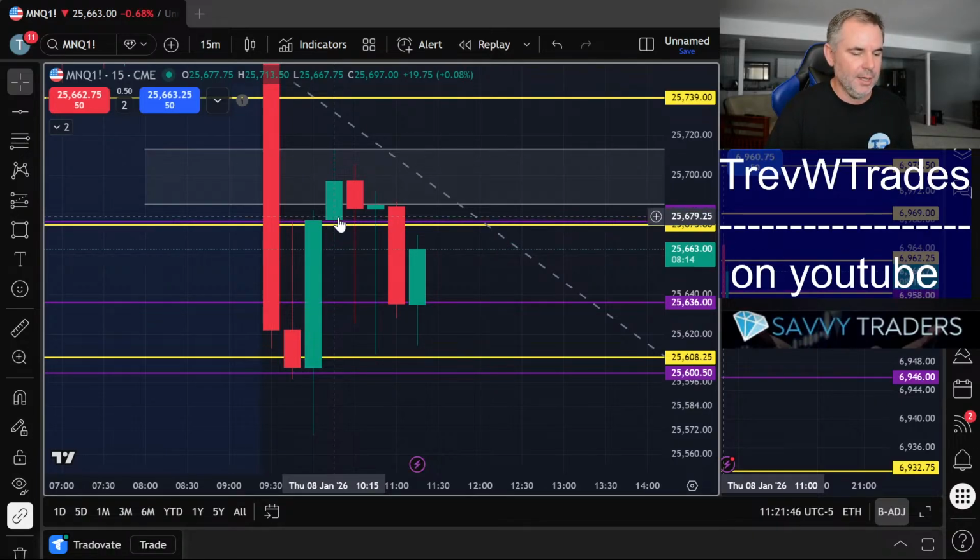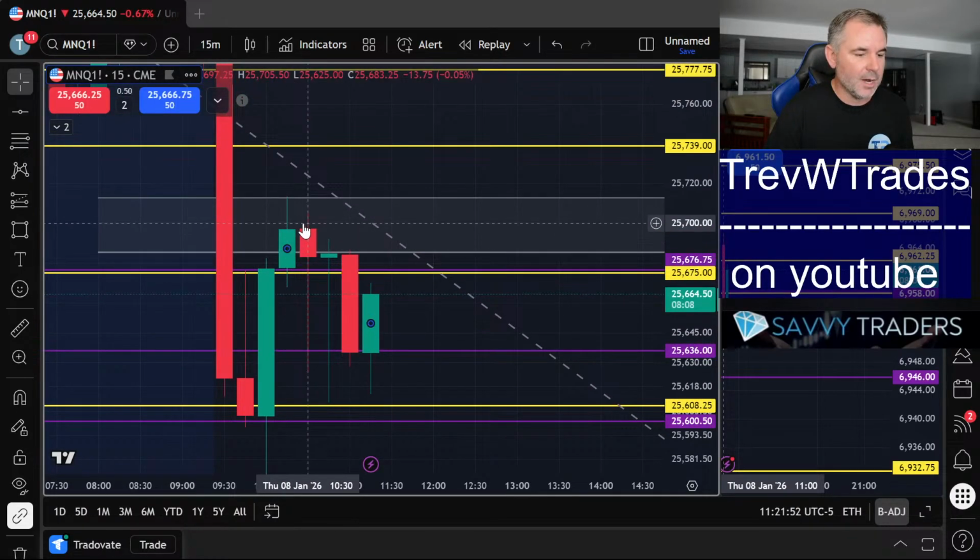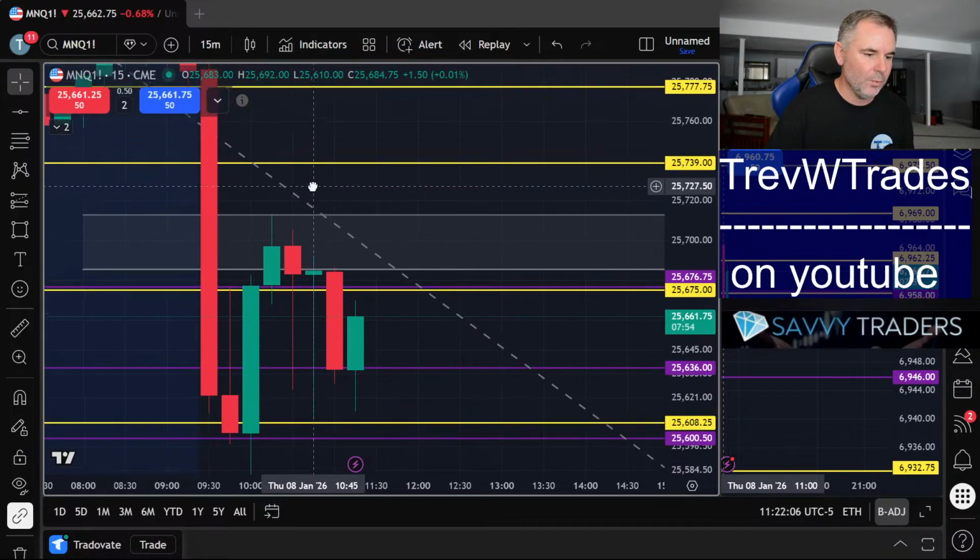I was in drawdown for this entire candle, so for 15 minutes. Honestly, I wanted us to dig in a little deeper. I wanted us to get up here so I could average into my position size, but we never got it.